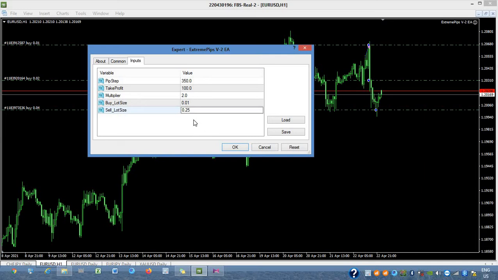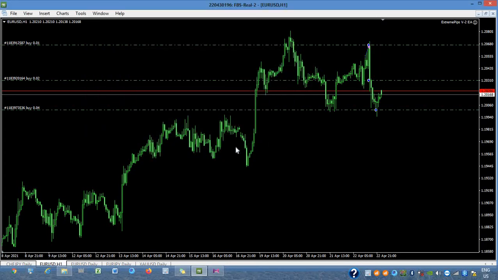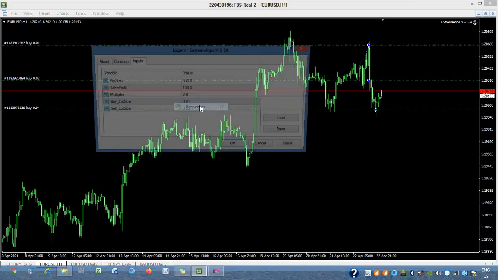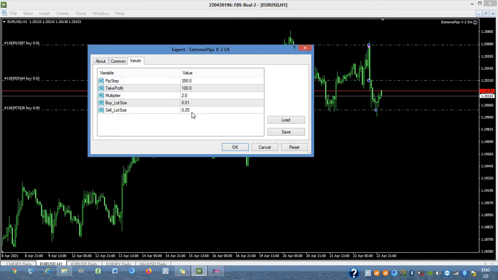So this is my sell lot size, guys, 0.25. That's my setting for sell lot size, 0.25, and my base lot for buy martingale is 0.01.